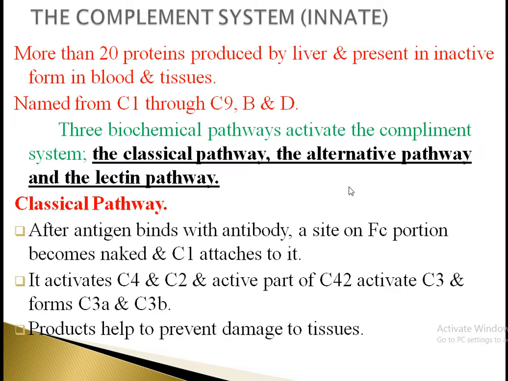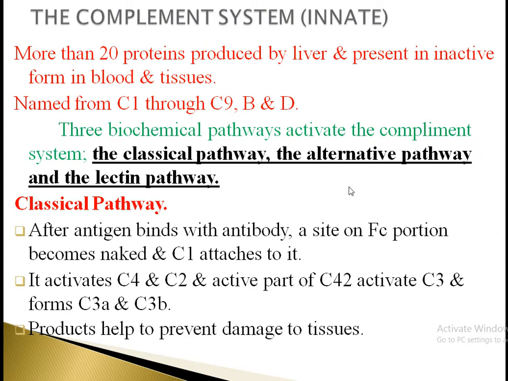If it is a very simple type of antigen, very few antigens are there, and very little injury to the tissue, then the first line and second line, the natural phagocytic cells like monocytes, macrophages and neutrophils, are sufficient, and the story stops there.